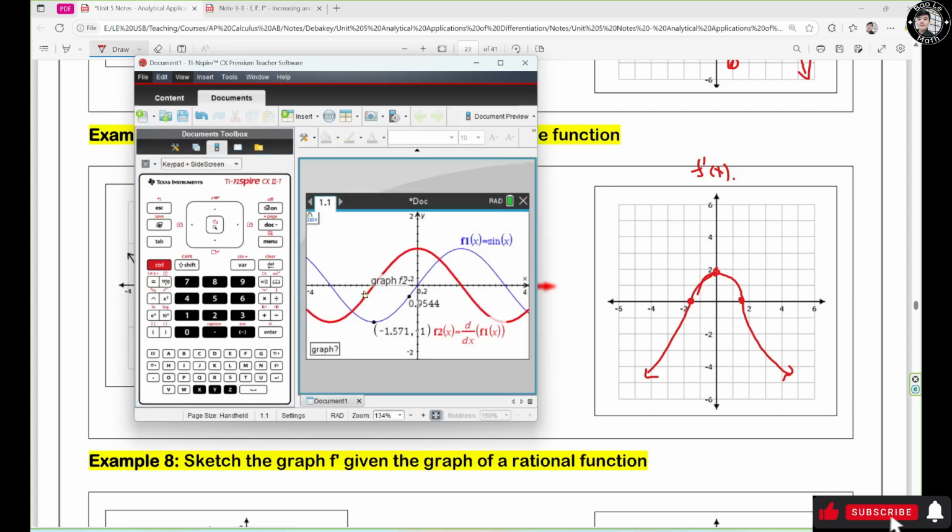Move my cursor to the left of 0, move to the right of 0, and you see that this guy and this guy are the same. You see that? Negative 1.57, negative 1.57 right here, they're both the same, right? Similarly, you will get this guy and this guy the same, this guy and this guy the same, this guy and this guy the same, right?